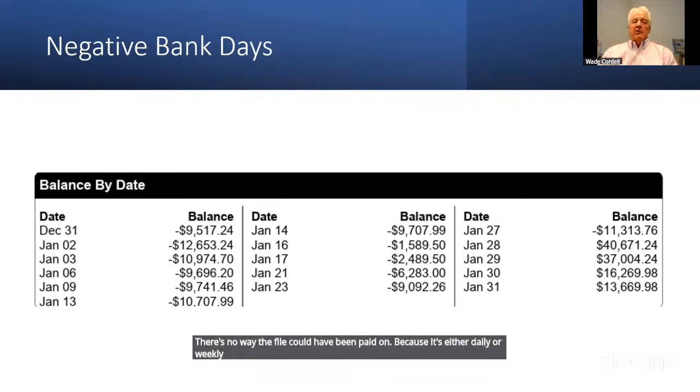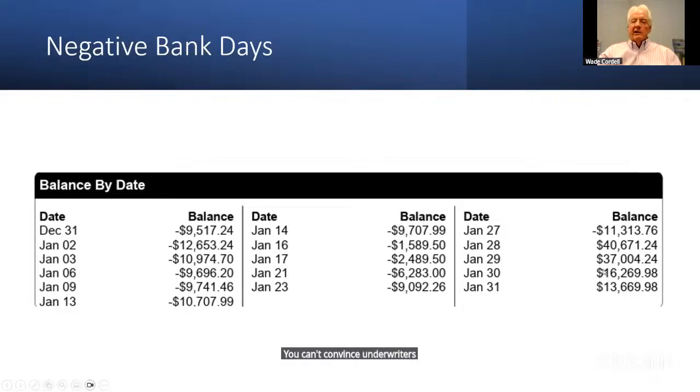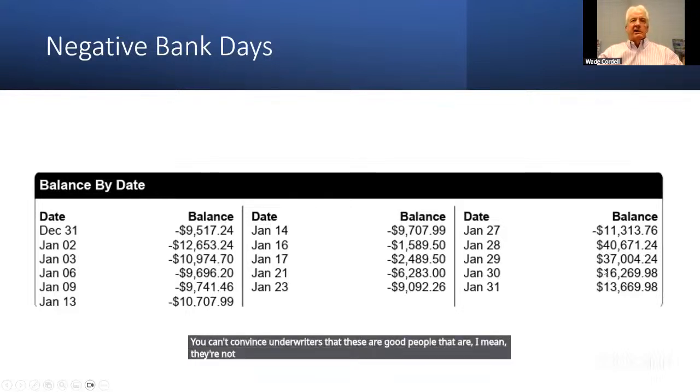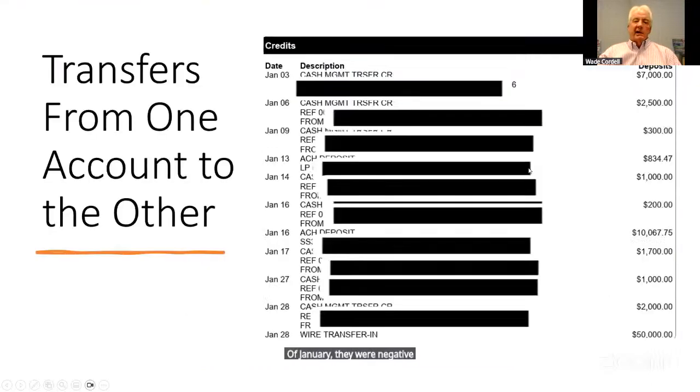And when an underwriter looks at this, and by the way, this never gets past us, because I know it's futile to try to. You can't convince underwriters that these are good people, that this is a good account, that you don't have to worry about them, they're going to pay it. When you've got this many negative bank days, because if you look at it from the 31st of December all the way until the 27th of January, they were negative. So it was impossible to have paid that.